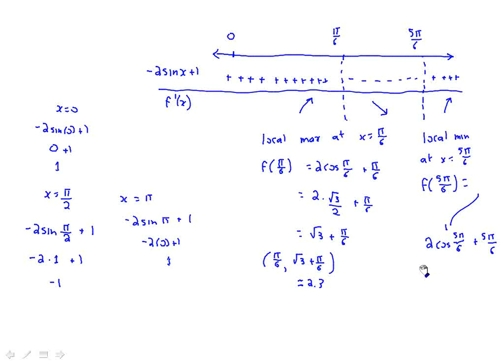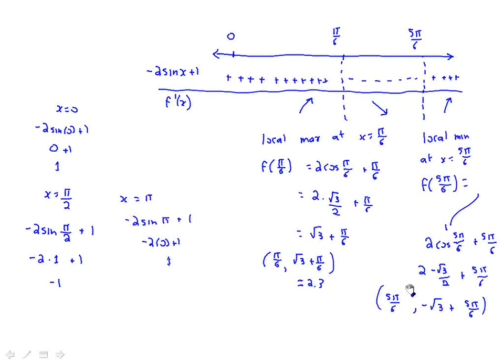The slight difference is that the cosine of 5 pi over 6 is negative root 3 over 2. So the 2's cancel, so negative root 3 plus 5 pi over 6. And that's your y-coordinate when x is 5 pi over 6. And that is a min.